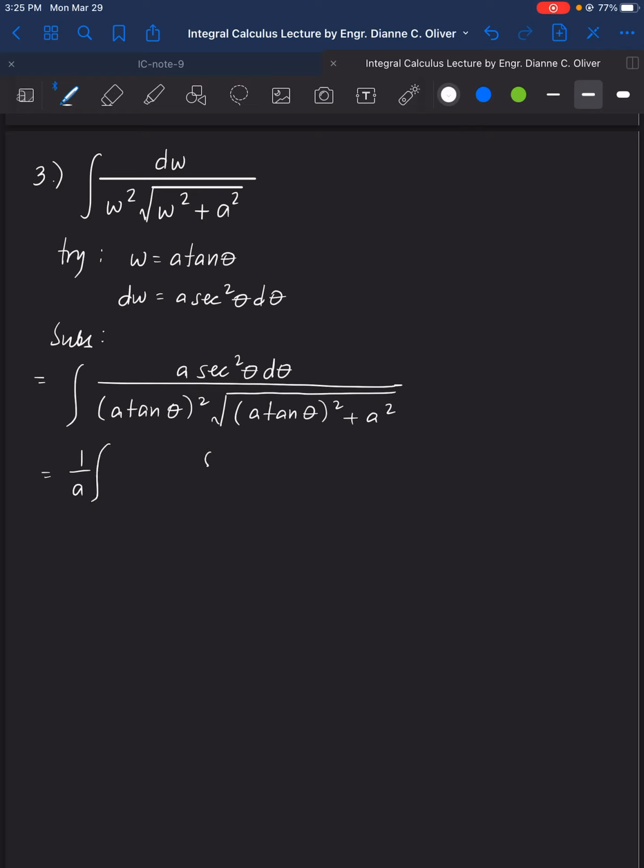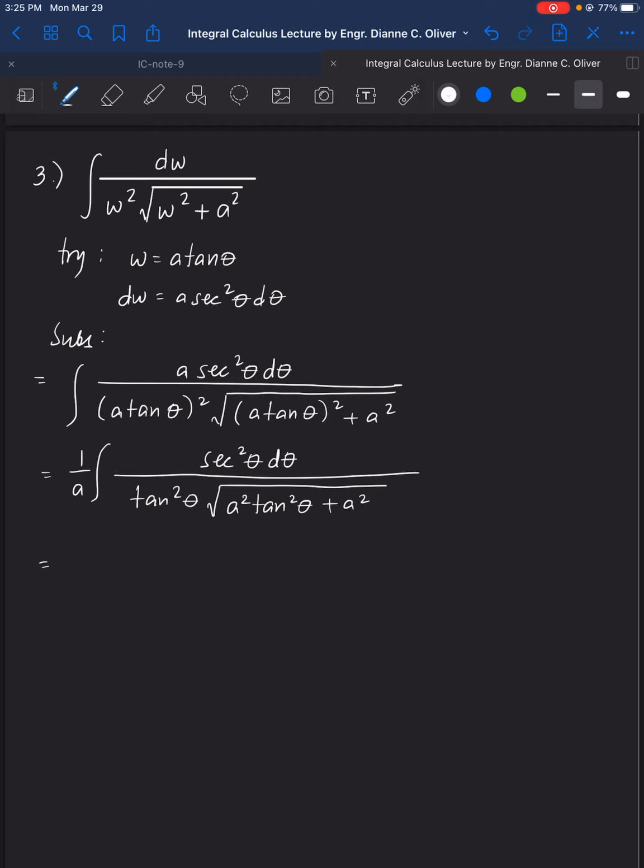And what's left in the numerator is secant squared theta d theta, all over tangent squared theta square root of a squared tangent squared theta plus a squared.